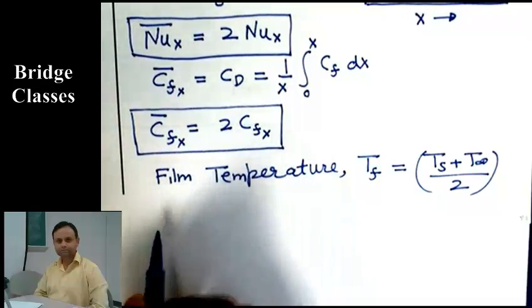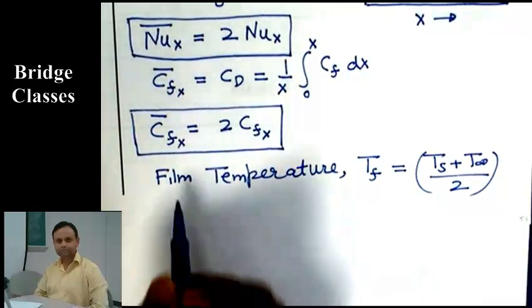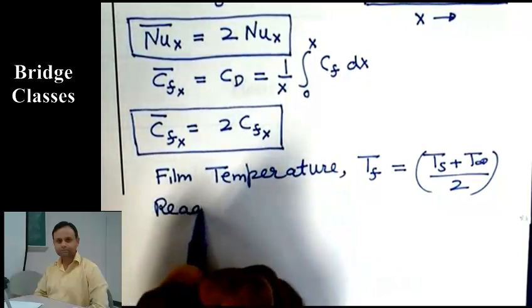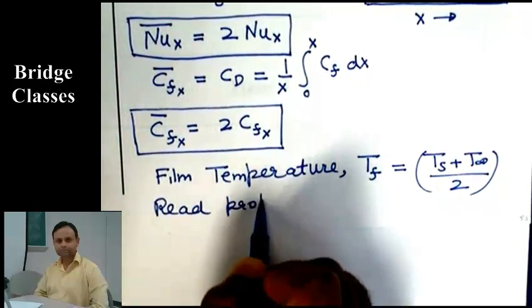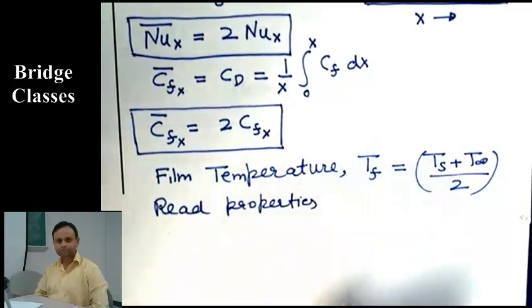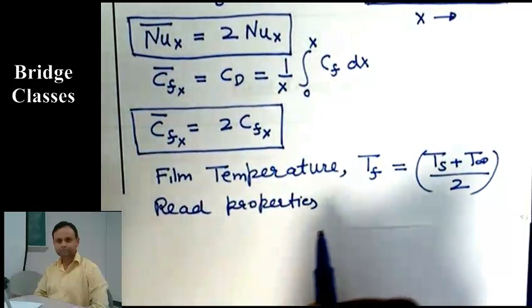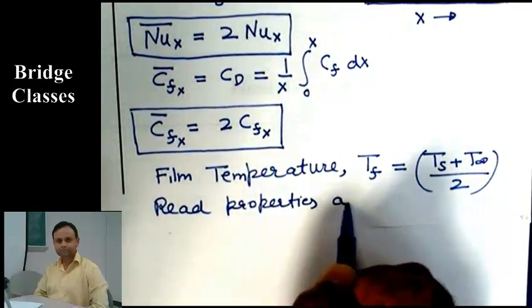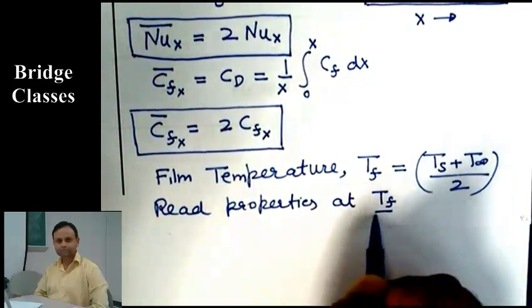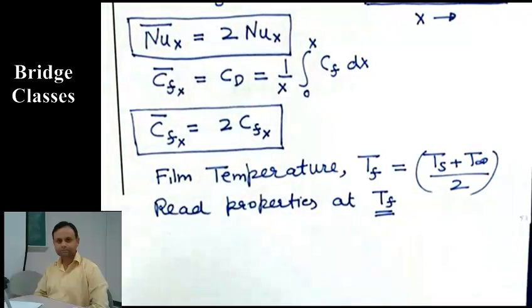So you are saying that the properties are constant, but you are reading all of them, density, viscosity, thermal diffusivity, at film temperature.